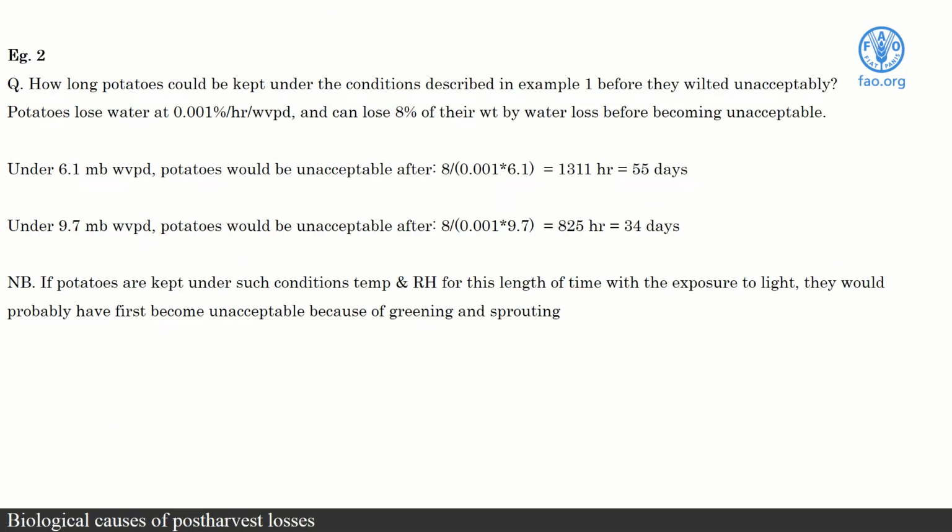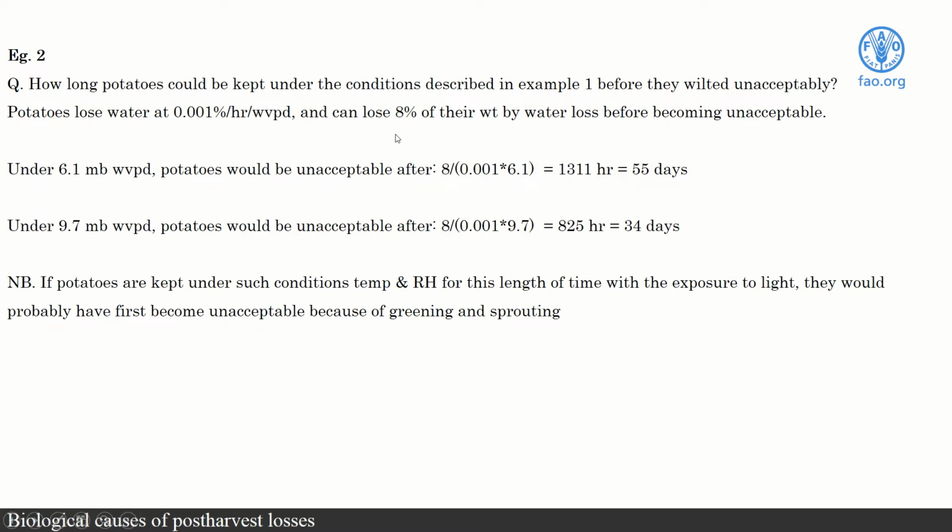Let us add another practical example. How long could potatoes be kept under the condition described in example 1 before they wilted unacceptably? Potatoes lose water at 0.001% per hour per millibar of water vapor pressure deficit, and they can lose 8% of their weight.